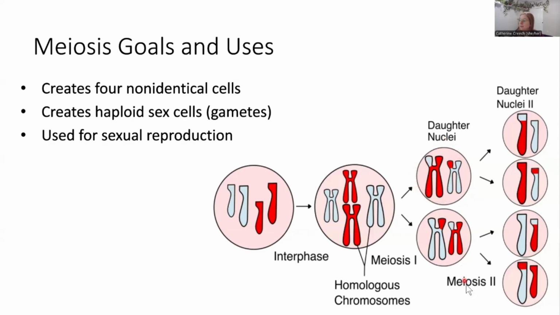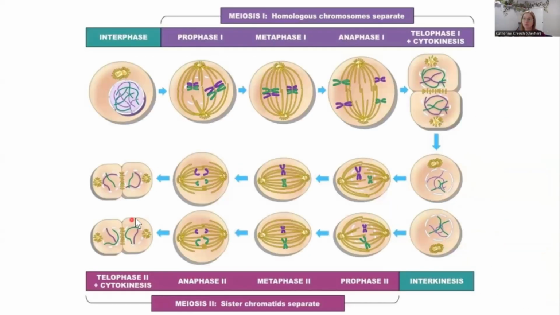And then in meiosis 2, you're going to go through prometaphase, metaphase, and anaphase and telophase again, and you are doing a second round of division so that when you are done, you end up with 4 daughter cells. Each is genetically different, and these cells are haploid.